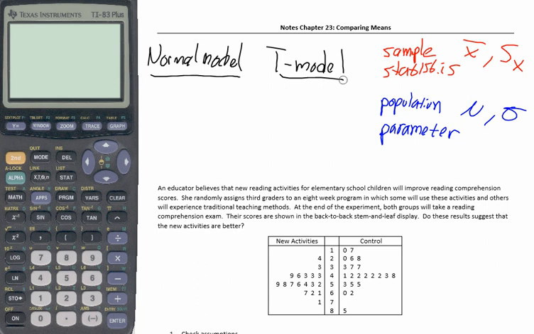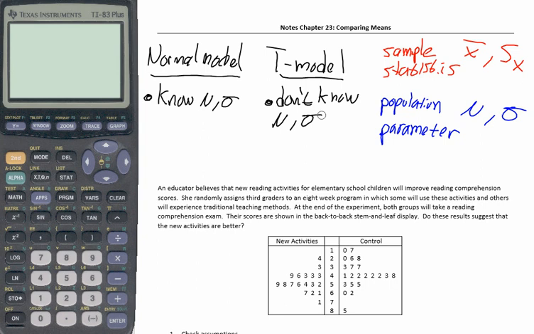We will use the normal model if we know mu and sigma. Conversely, if we don't know mu and sigma, that's when we use the T model. Alright, that part's pretty straightforward.